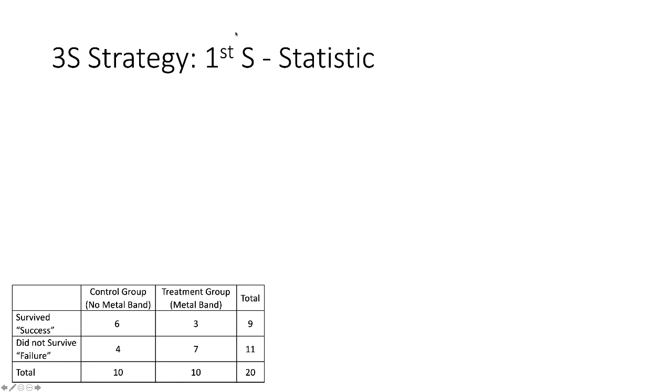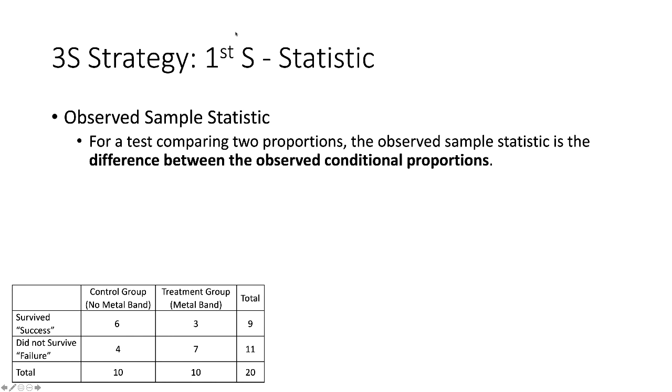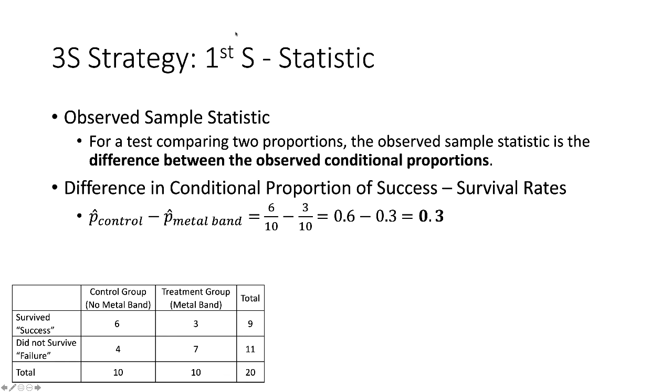So let's calculate the first S, which is the statistic. We need to calculate the observed sample statistic from the data. For a test comparing two proportions, the observed sample statistic is the difference between the observed conditional proportions. In the previous videos, we calculated the difference in conditional proportions of success.